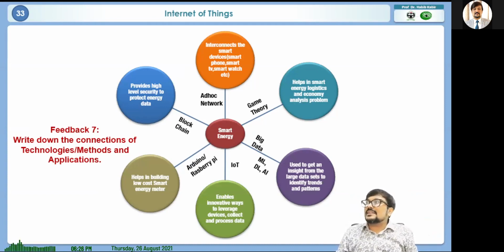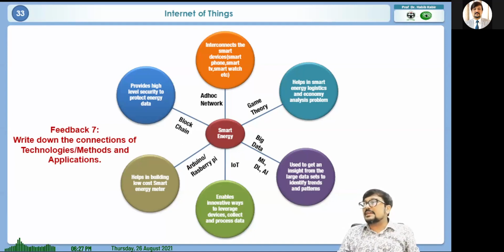So interconnect the smart devices: network or ad hoc network, mobile network. Then we have help in smart energy logistics and economy analysis by game theory. I discussed game theory many times. Used to get insight from the large data set, identify the patterns. Big data analyzed by machine learning, deep learning, AI. I talked about them many times.